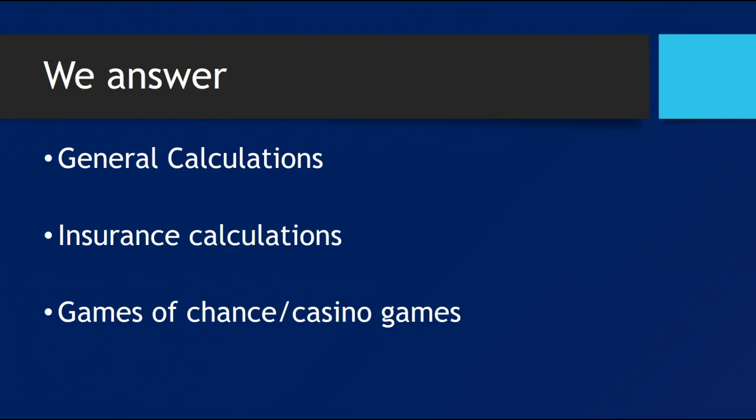Those are the types of things we're going to look at in this class. We'll look formally at how to use probabilities in some general calculations, in some insurance, and in games of chance like casino games and lottery and things of that nature.